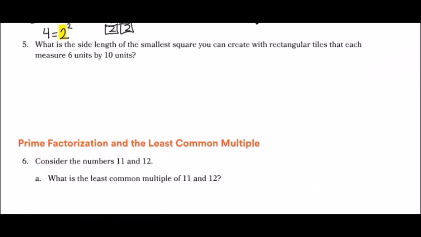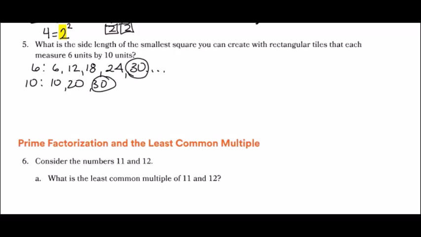So what is the side length of the smallest square that you can create with rectangular tiles that are 6 by 10? In other words, you want to look at the multiples of 6, and I know all multiples of 10 end in 0, so I'm going to stop at 30, and that's my lowest common multiple.